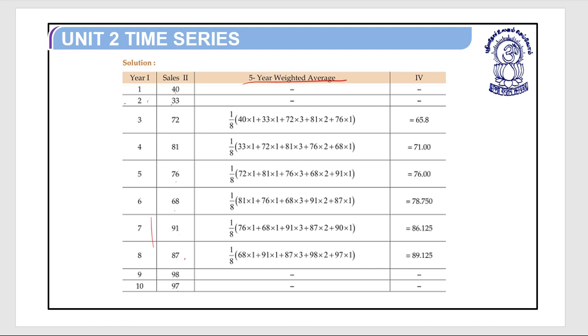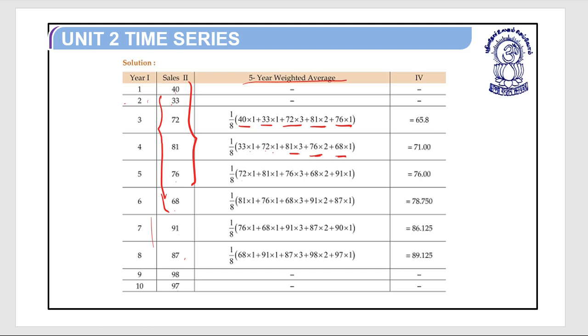So here, 1 by 8, 40 into 1 plus 33 into 1 plus 72 into 3 plus 81 into 2 plus 76 into 1. Then 1 by 8, 33 into 1 plus 72 into 1 plus 81 into 3 plus 76 into 2 plus 68 into 1.